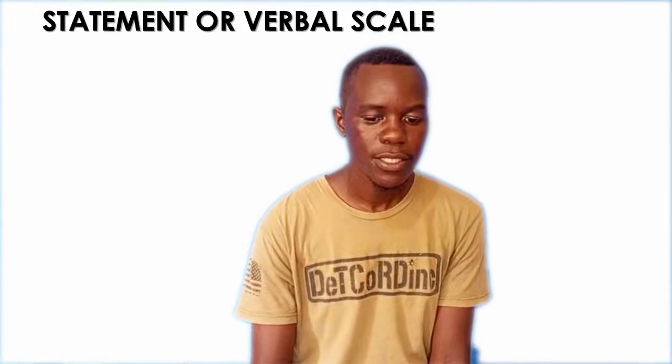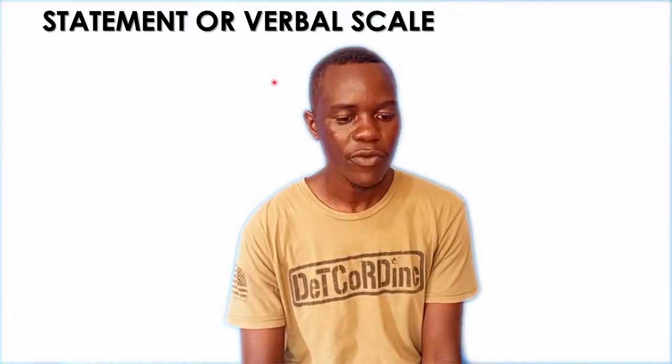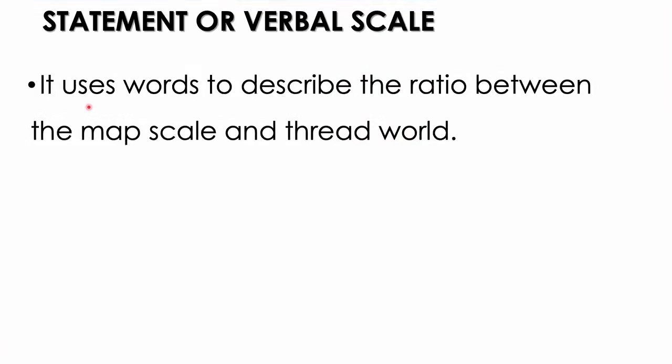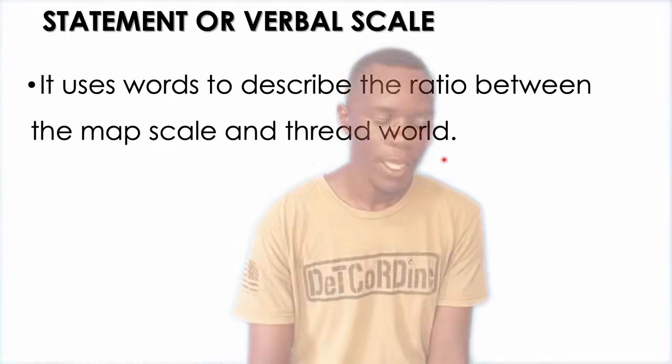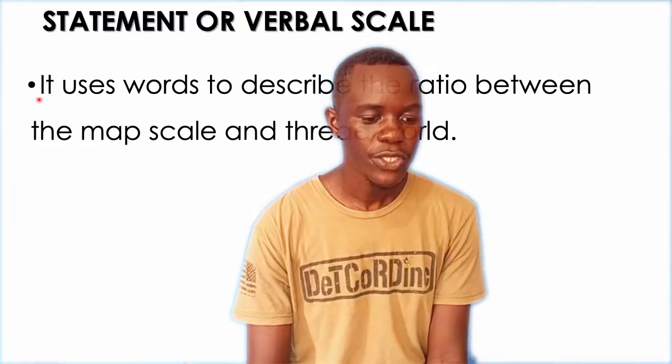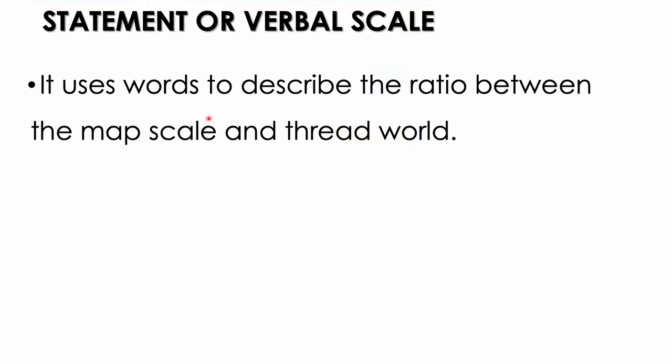And lastly, you have the statement or verbal scale. In simple terms, the statement or verbal scale uses words to describe the ratio between the map and the ground.